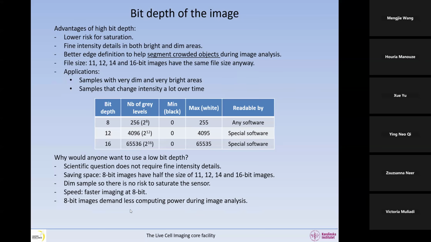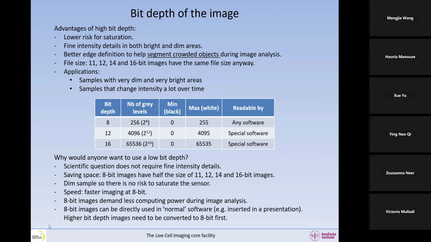So sometimes you're forced to use a low bit depth simply because you need to do the analysis in a manageable way. And also, clearly, 8-bit images can be directly used in normal software, but high bit depth images need to be converted first. It's just a small step, so it's not a big argument.